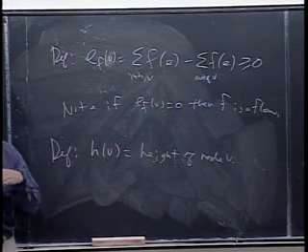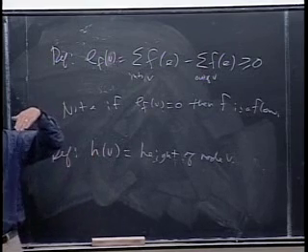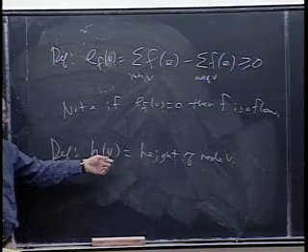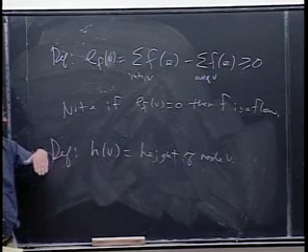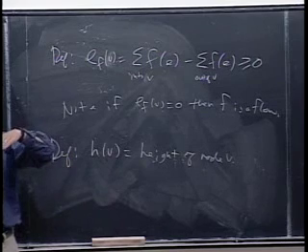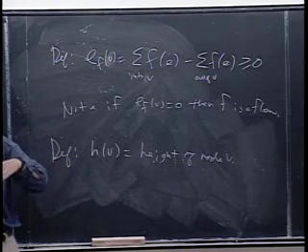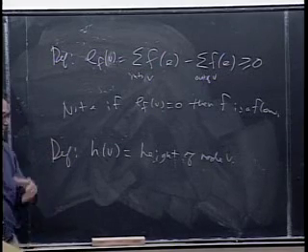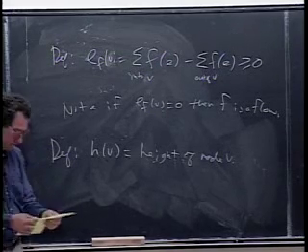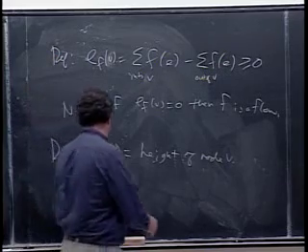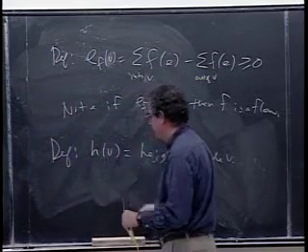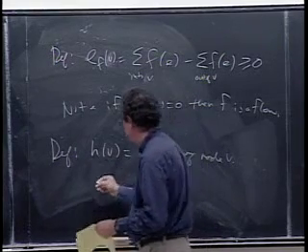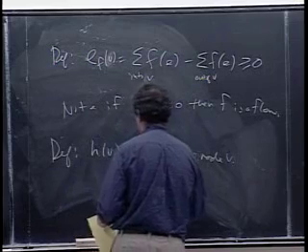The book tries to say that these are like physical heights, and that water is going to be flowing downhill, so you want the height of one node to be higher than the height of another node if it's going to have a flow to it. That isn't quite what happens in the algorithm, so the physical intuition doesn't quite work. But they call this a height in order to try to make it work. H(V) is always going to be greater than or equal to 0.